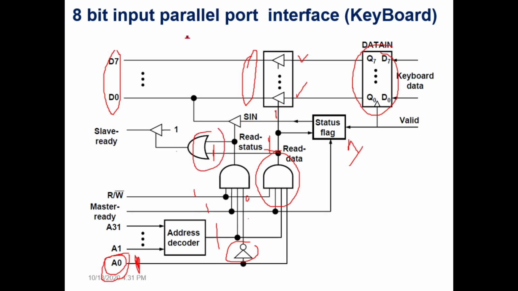So output of the OR gate is 1, which drives this tri-state buffer and transfers the 1 which is on the right side to the slave ready signal which is on the left side. So now slave ready signal becomes 1. So when slave ready signal becomes 1, processor comes to know that there is data on the data bus, it has to copy. So this is how processor reads data from the data in buffer.